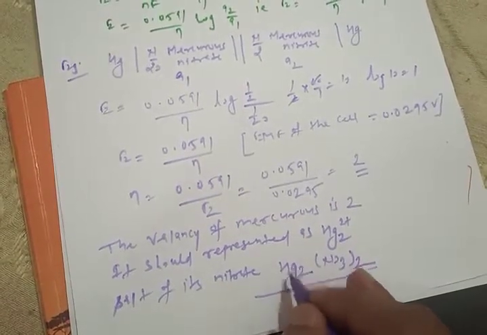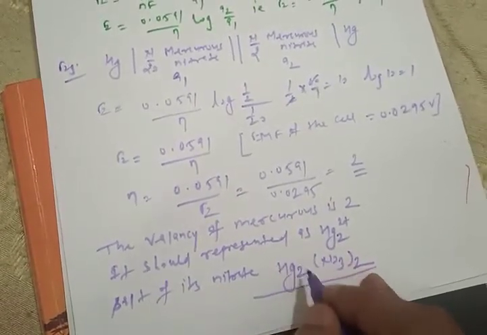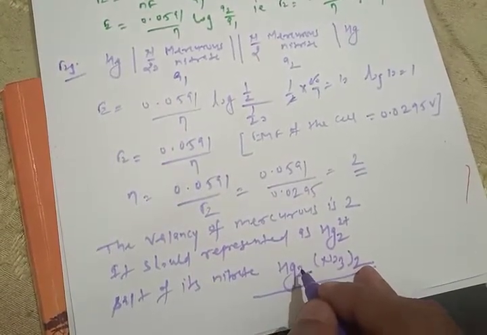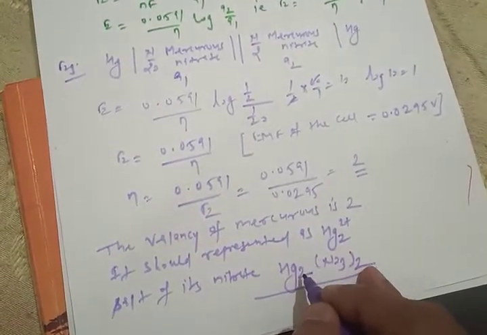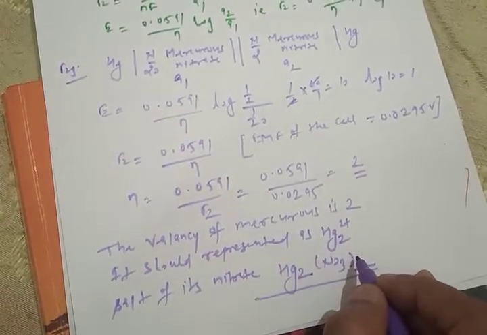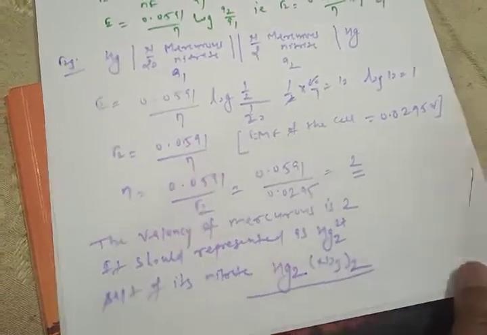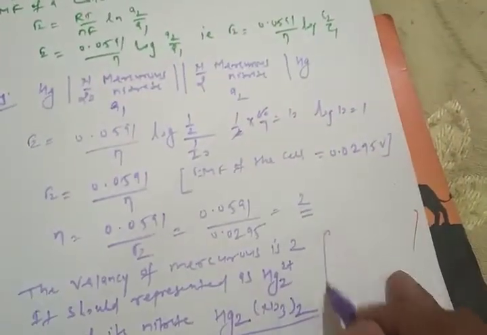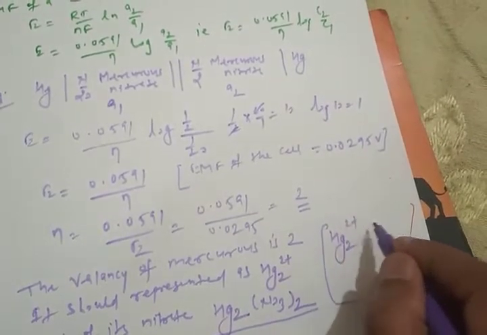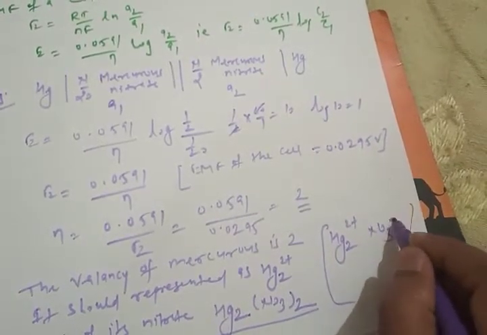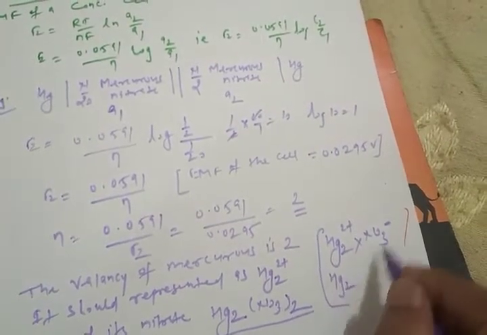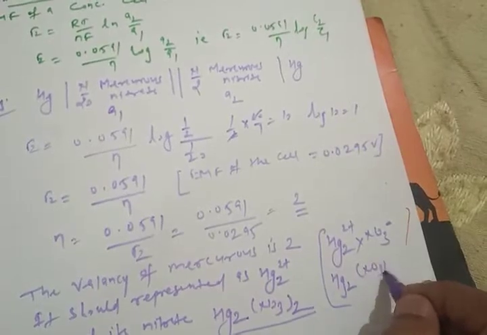Hg2 is the representation of mercurous ion. Hg2 2+, and this is NO3. So NO3 is represented by -1. Okay, so this is actually Hg2 2+ and NO3 minus. So this cross will give you Hg2 and NO3 twice.